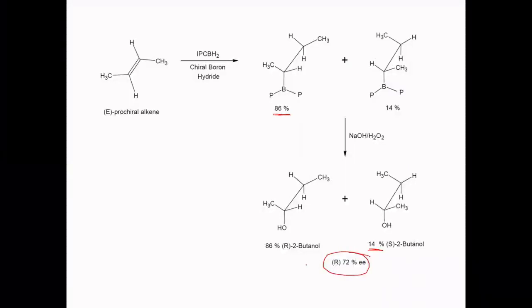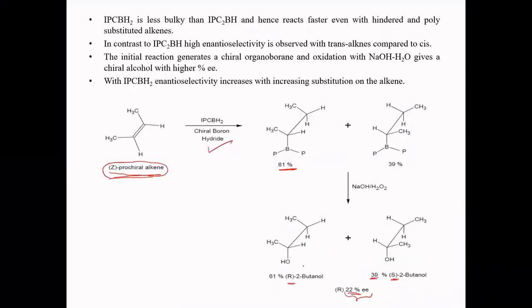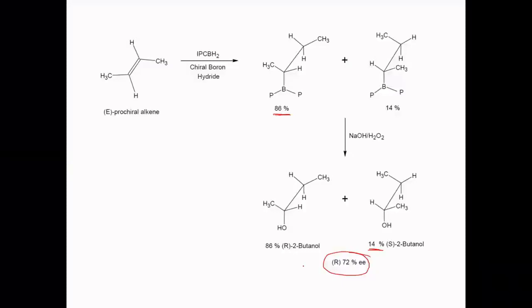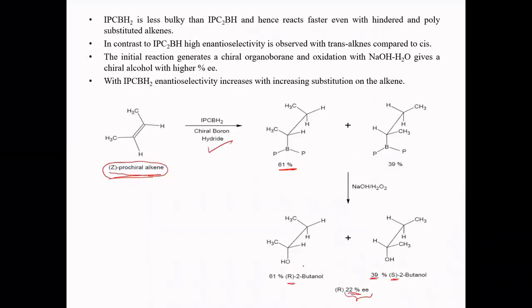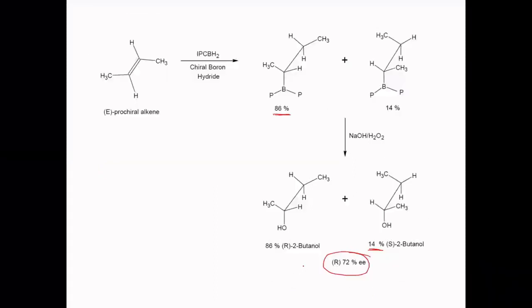That is indicating that this particular reagent, monoisopinocampheylborane, is selective, giving higher enantioselectivity for the trans alkene rather than the cis alkene. This time we are getting less enantiomeric excess for the cis alkene and more for the trans alkene. So the reagent I selected here is giving a different product. I'm getting better enantiomeric selectivity for the E isomers.